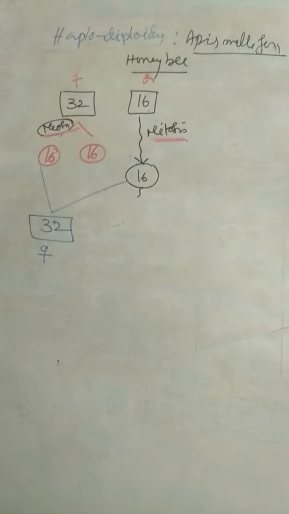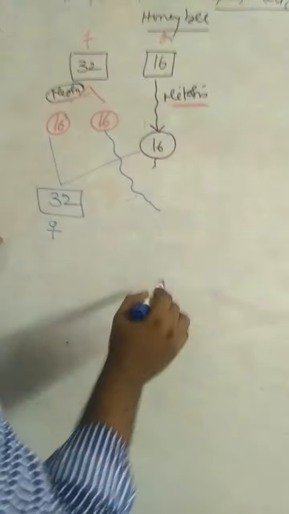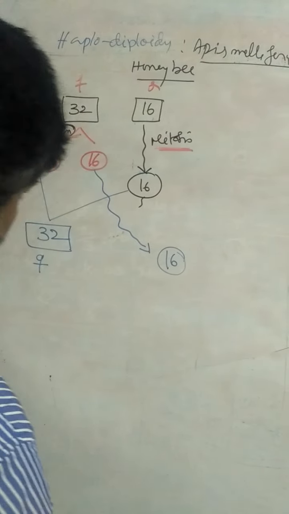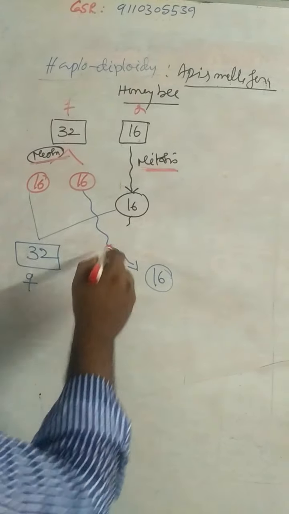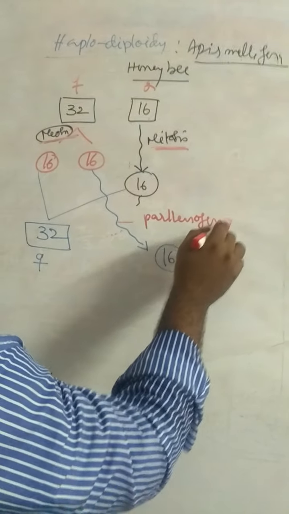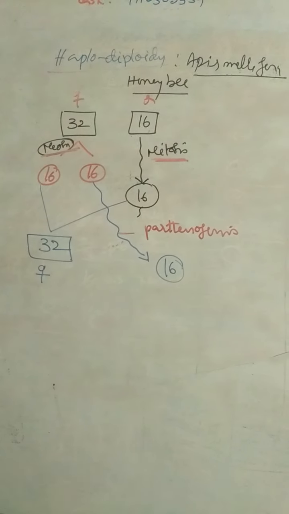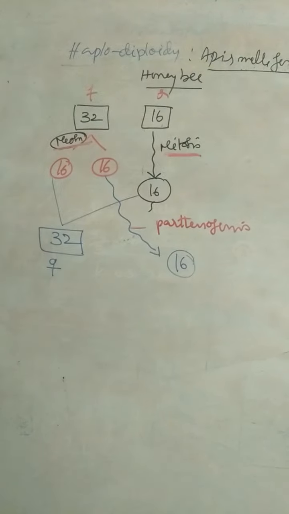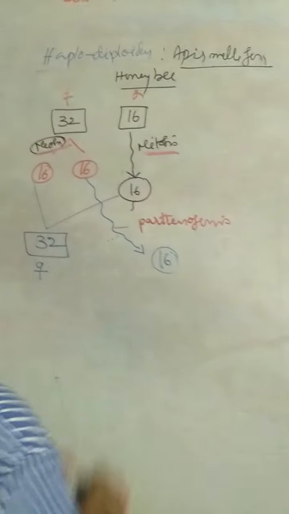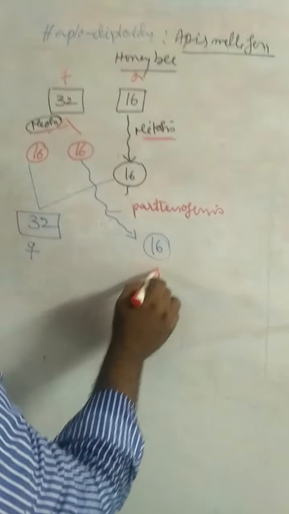And the female gamete, that is ova, further develops into drones by a process called parthenogenesis. So the female ova develops by parthenogenesis to produce the drones, that is male.